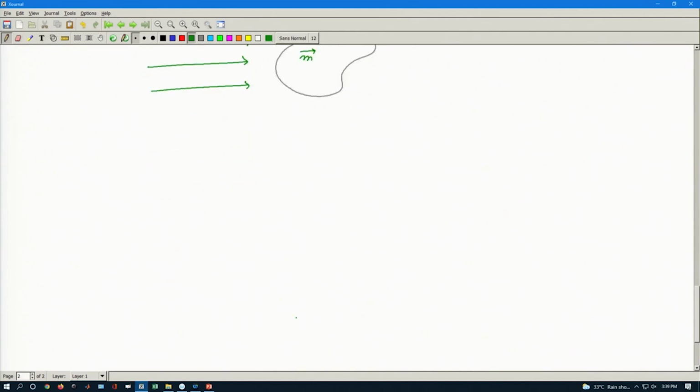So, if I want to write it in words: in the presence of a magnetic field, the matter becomes magnetized.